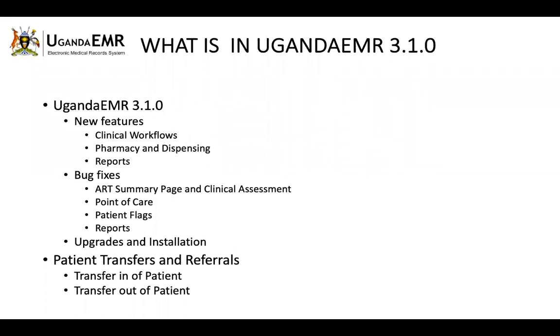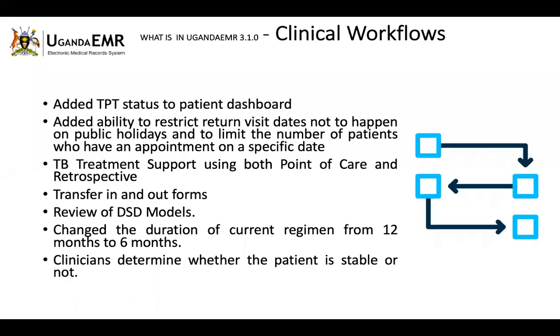So we have provided for TB treatment and support for both retrospective and point of care, depending on the new tools. And I would ask that whoever wants to start doing TB in the EMR, it would be important that you upgrade to the most current version.